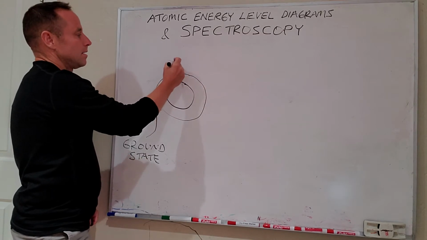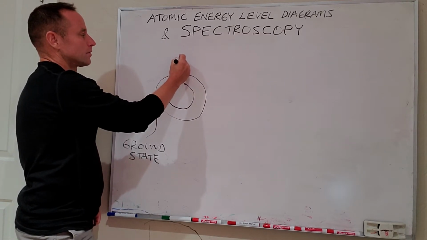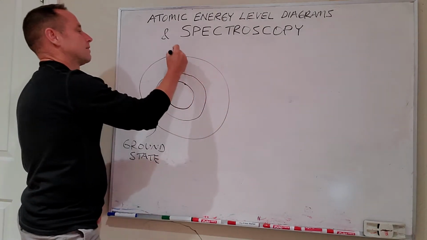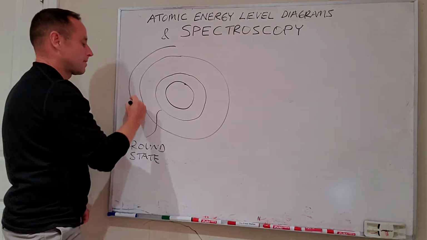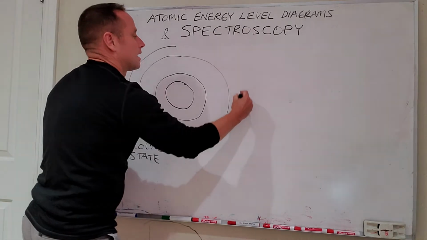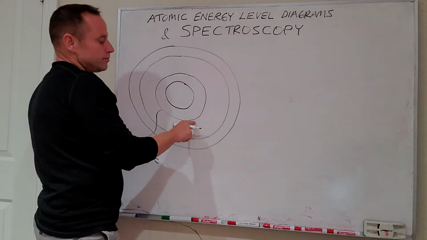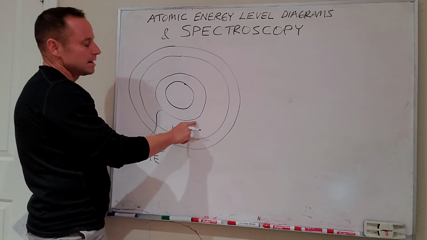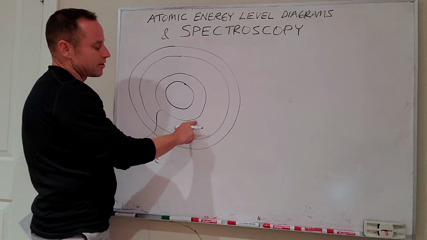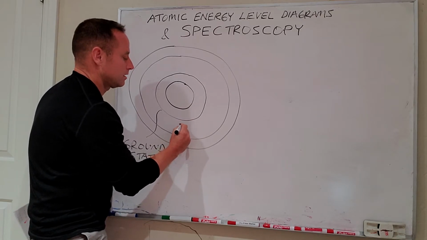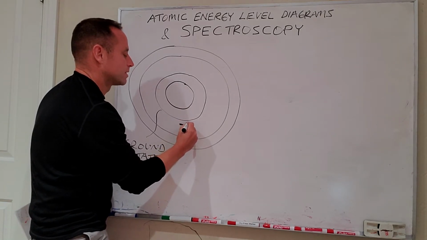And then you can go up from that, and let's put two other levels on here. So there's one, and then there's one more. Let's give these values. Just for the sake of argument, let's say this inner one, the ground state, will be minus 14 eV.